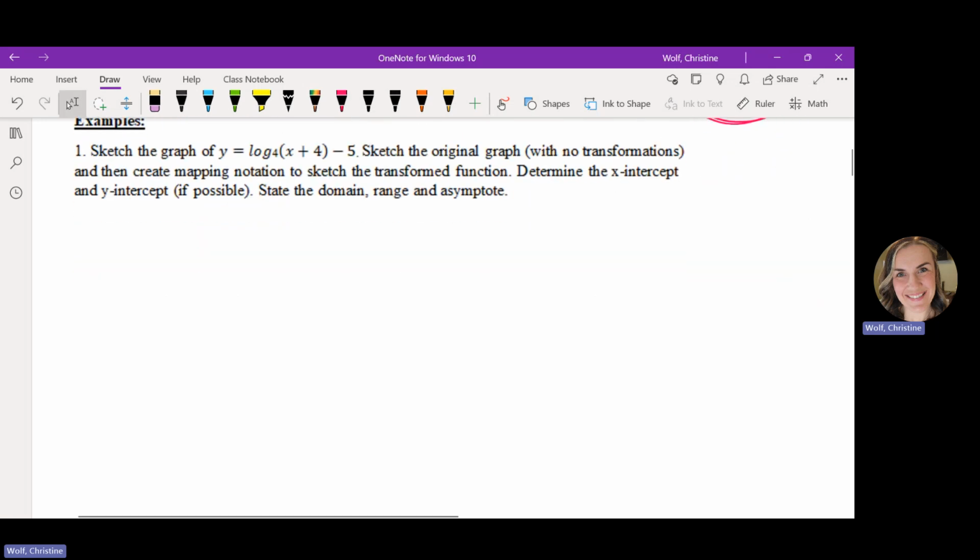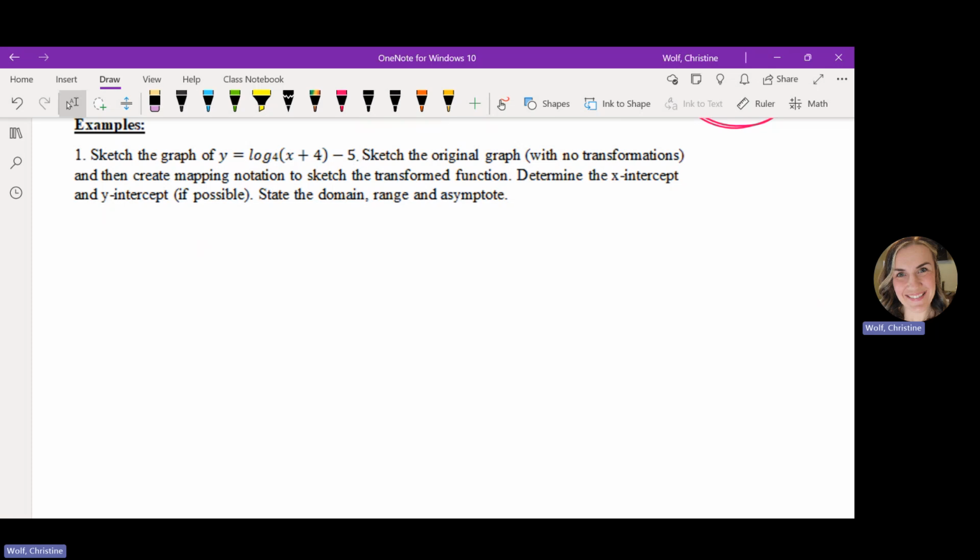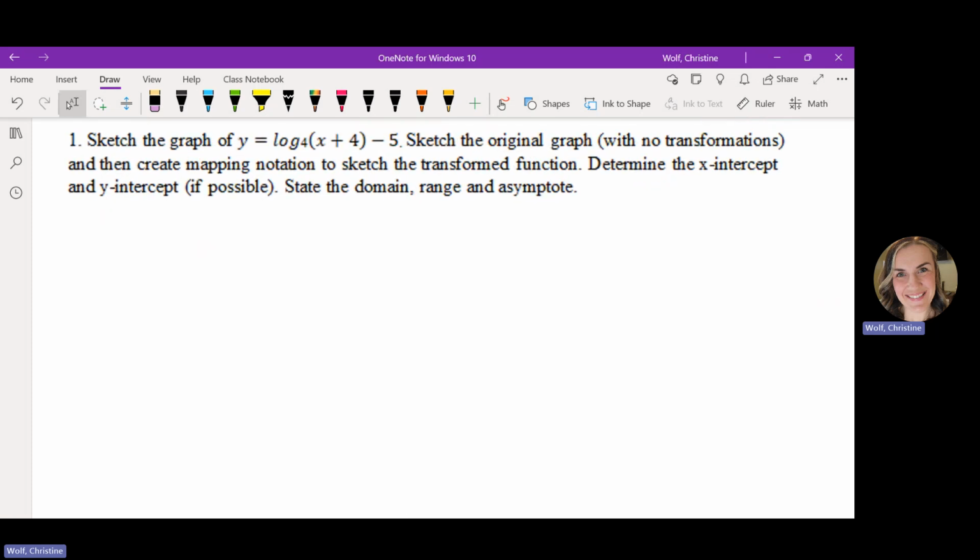So here we go. We're going to sketch the graph of y equals log base 4 of x plus 4, minus 5. We're going to sketch the original graph first, meaning this log function with none of the transformations.